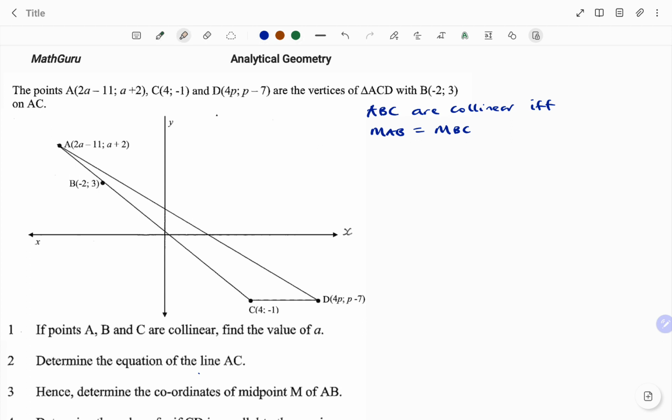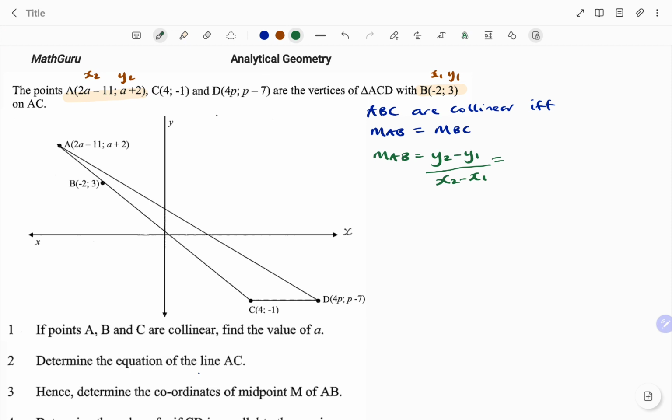So the points I'm using will be the coordinate of A and the coordinate of B. I'm going to tag that: I have x1, y1, and x2, y2. So starting with the gradient of AB, the formula is change in y divided by change in x.